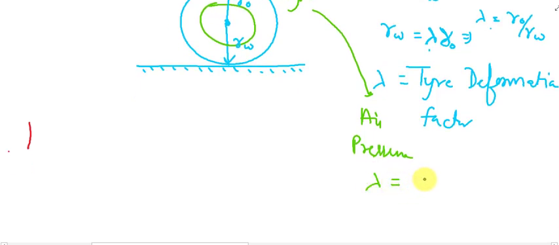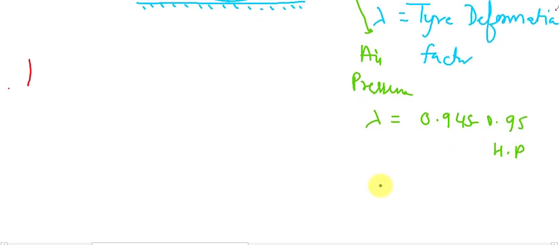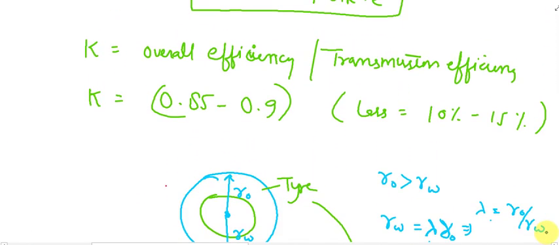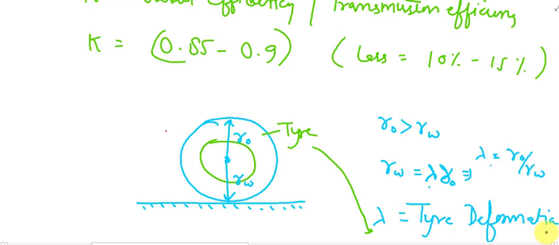So the value of lambda is taken as 0.945 to 0.95 for high air pressure tires, and lambda is taken as 0.93 to 0.935 for low air pressure. So this is the tire, and the motion of the vehicle is in this direction.